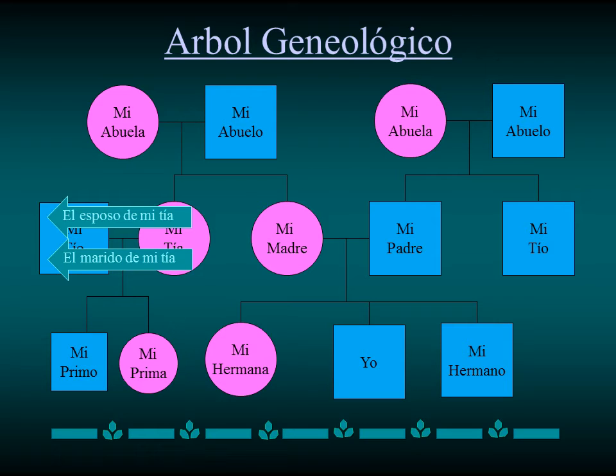So, husband, esposo, marido. Also here we've got mi madre es la esposa de mi padre. My mother is the wife of my father, esposa. Also you can say la mujer. Mi madre es la mujer de mi padre. So it's the woman of my father or the wife of my father. All right, so let's look at some more relationships here.